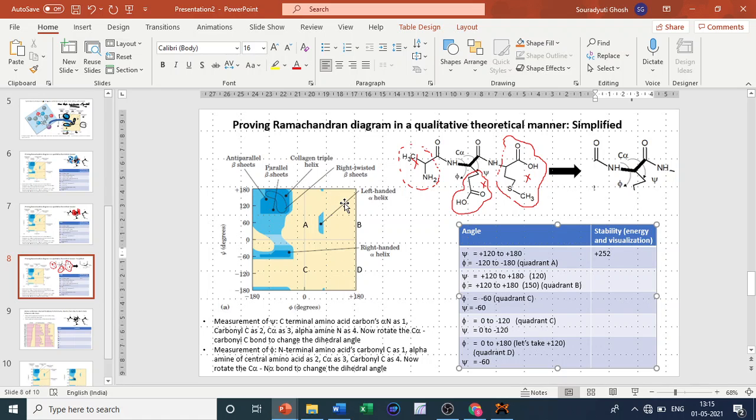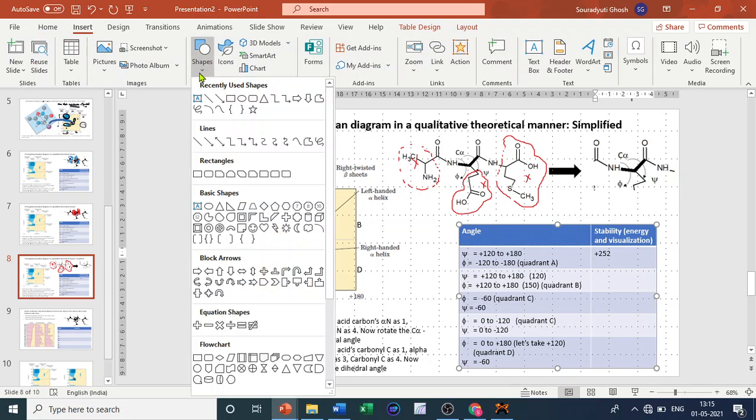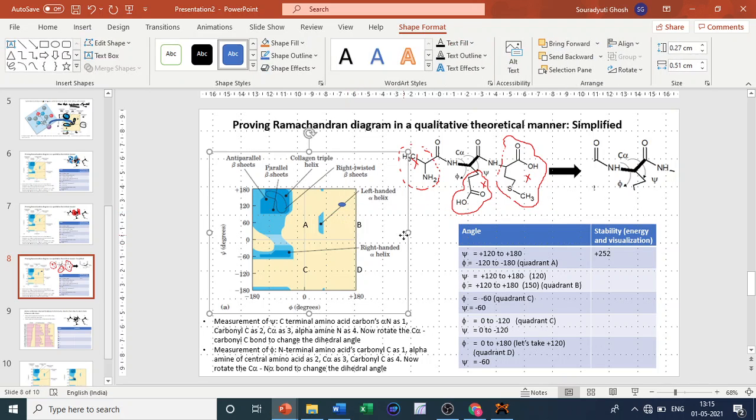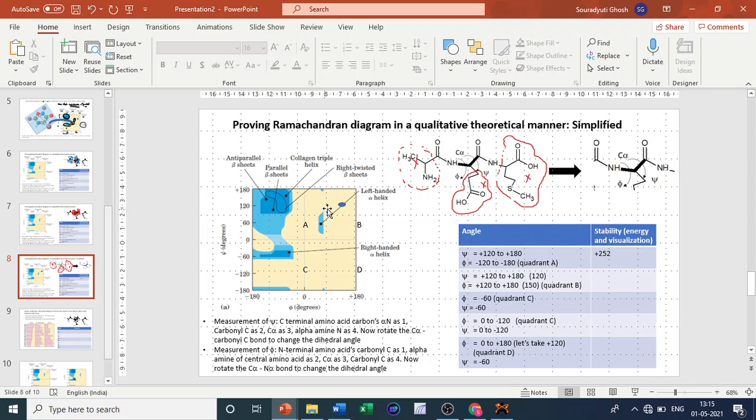Okay, so this is the position we should look at. So let's put a little box right there to make it understandable for you guys. So this is somewhat what we are talking about. Okay, so this is plus 120 and plus 150. So that is the position we are referring to. Let's see what energy we get for that. So theoretically that should have a higher energy than this one, because that should have a higher steric clash.